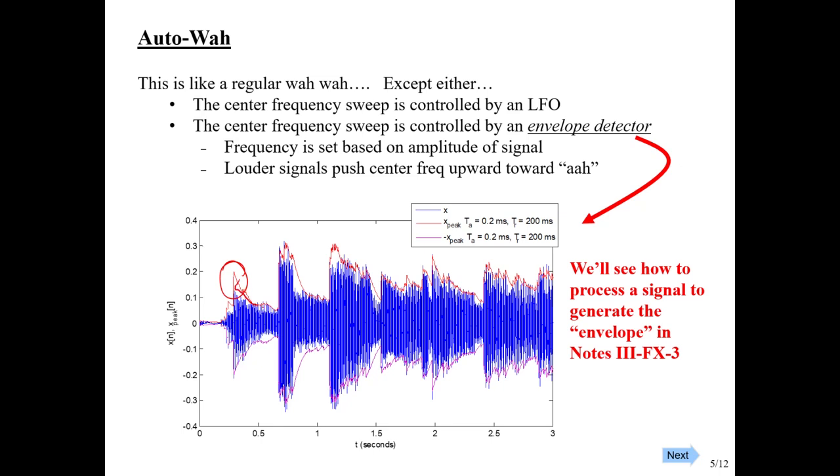Then we see the envelope decays down, and then it's loud and decays down, and loud and decays down. It starts off not very loud. So if we looked at just this, we would see it go wow, wow, wow, wow. That's kind of the idea, and that's how an auto wah would work on this.